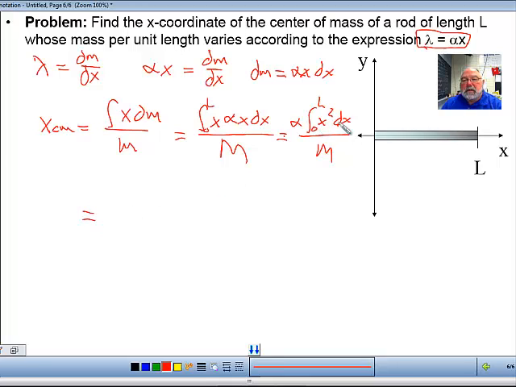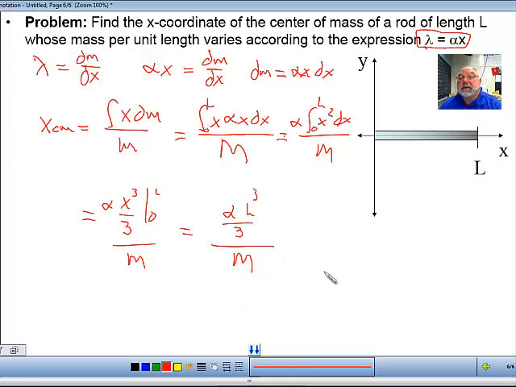So the integral of x squared is x cubed over 3 times alpha, evaluated from 0 to L, over M. So this is equal to alpha L cubed over 3 over the total mass.